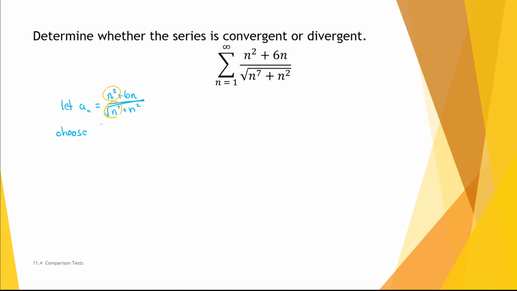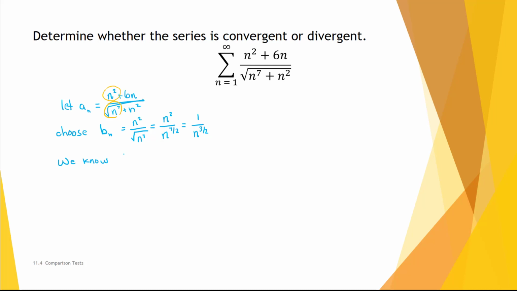So we're going to choose b sub n to be n squared divided by the square root of n to the 7th. Notice I can simplify this. This is n squared divided by n to the 7/2, or in other words, 1 divided by n to the 3/2.